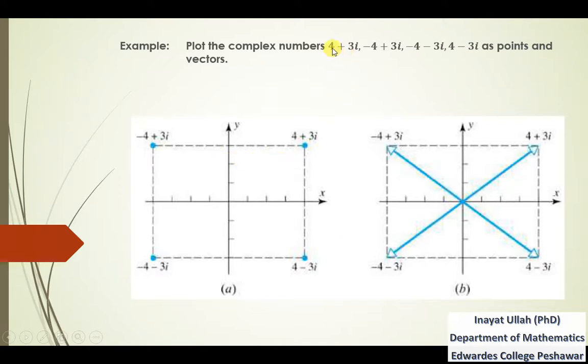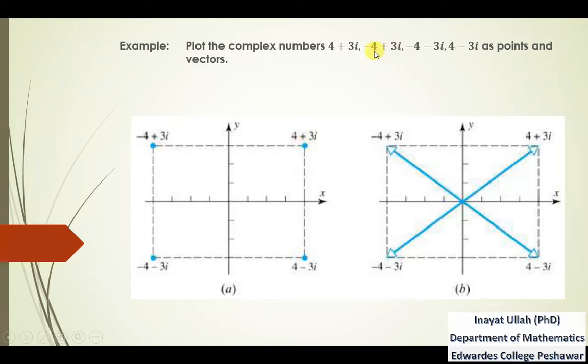The point 4 plus 3 iota is 4 comma 3, which lies in the first quadrant. So along the x-axis we take 4 units, 1 2 3 4, and along the y-axis we take 3 units, and producing these two gives 4 plus 3 iota.